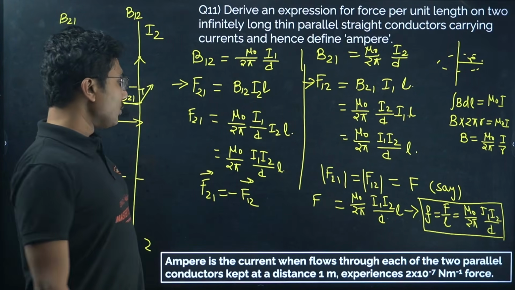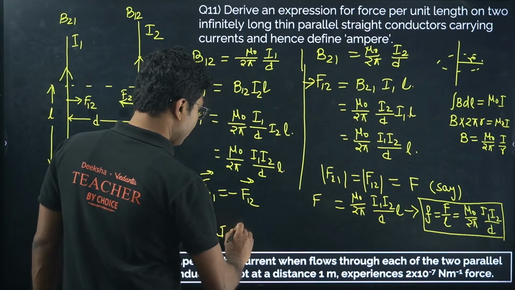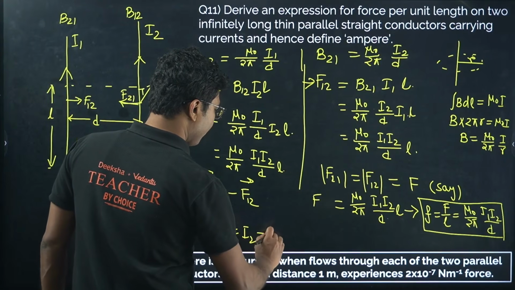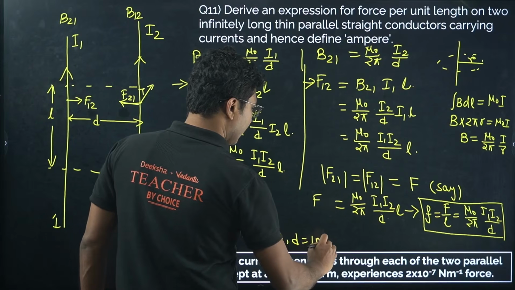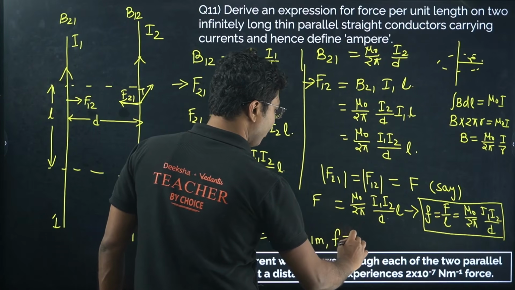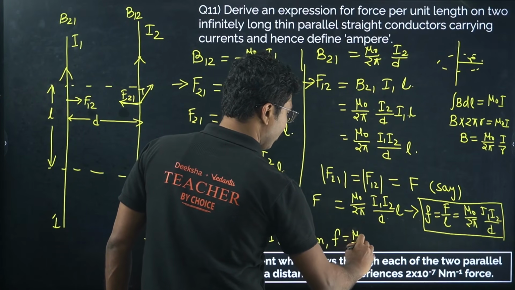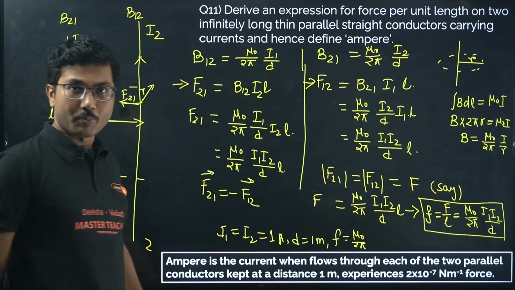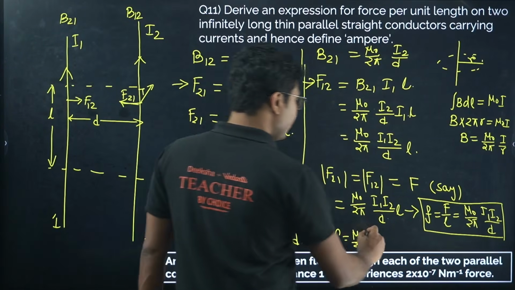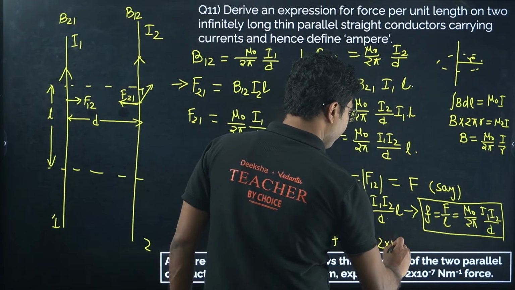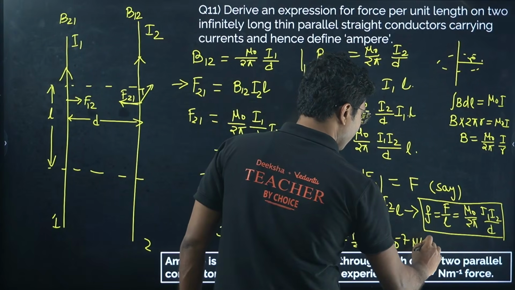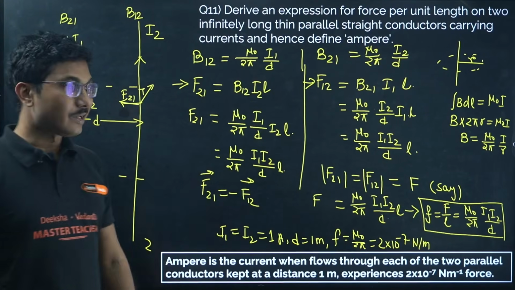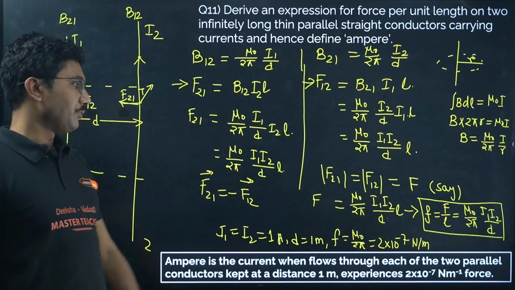Since mu naught is 4 pi into 10 to the power of minus 7, mu naught by 2 pi becomes 2 into 10 to the power of minus 7 Newton per meter, which is a force per unit length.